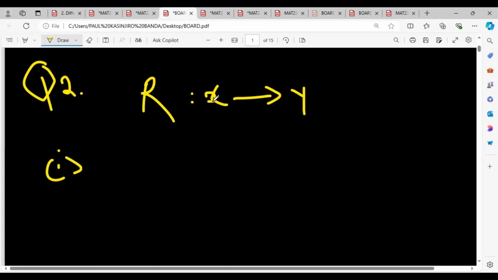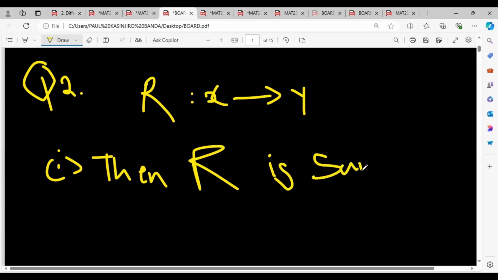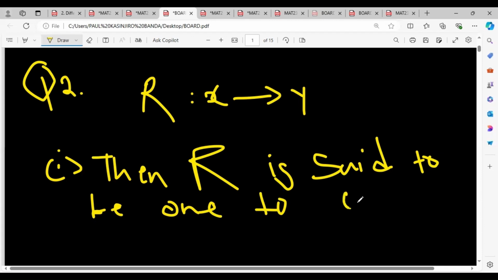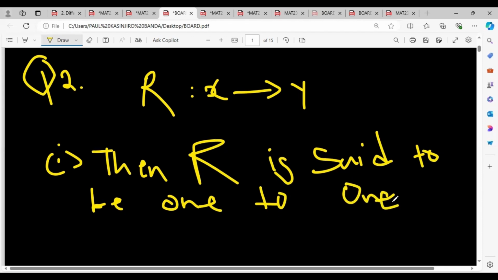This mapping from X to Y is said to be one-to-one if the following condition is satisfied. So we can say R is said to be one-to-one if the following condition is met.